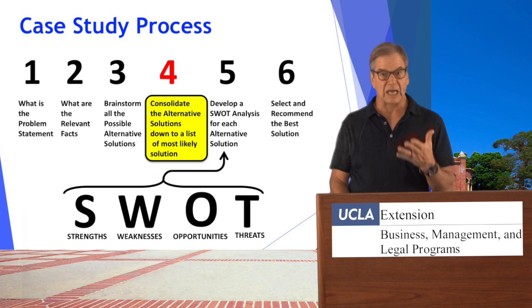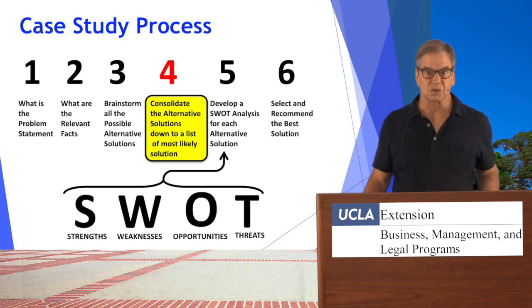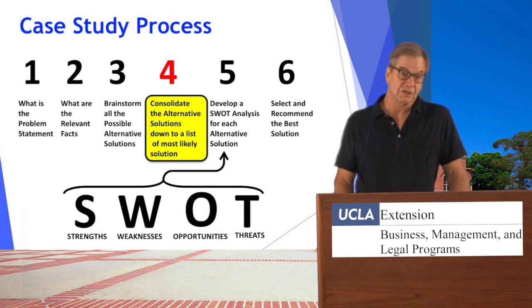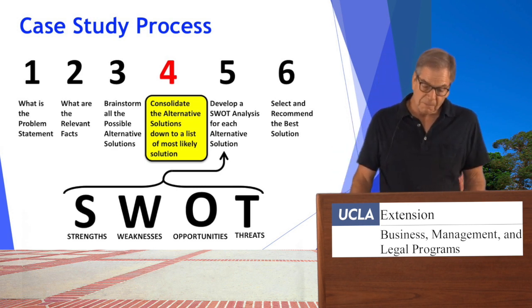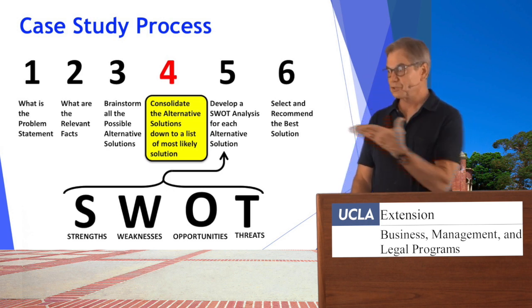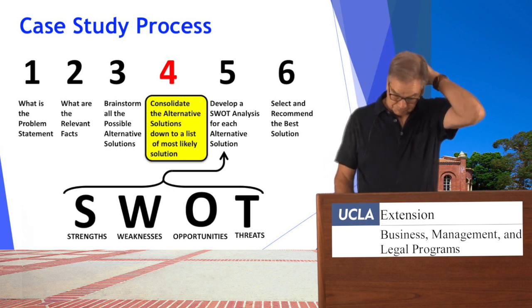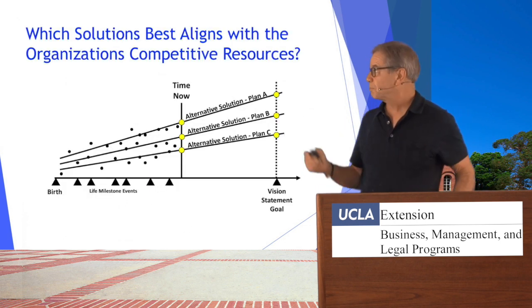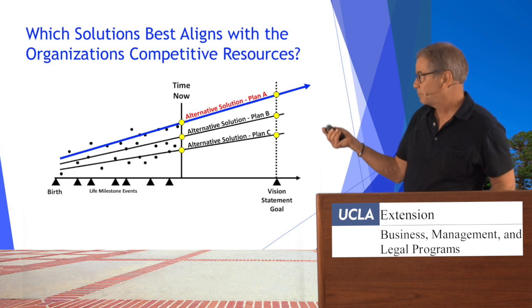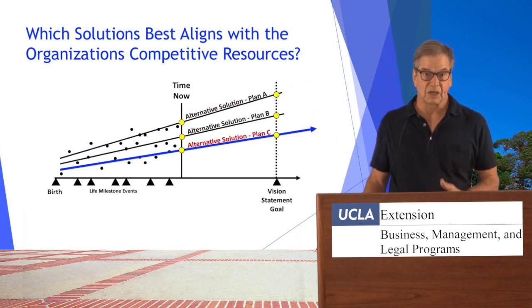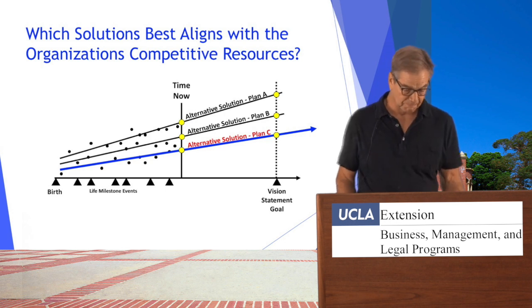And again, all of these solutions are 3 to 4, no more than that, because you're going to understand why in a second, but they all have to be supported by the story of your life and your skill sets. So whether it's plan A, plan B, or plan C, we should see some kind of alignment there.